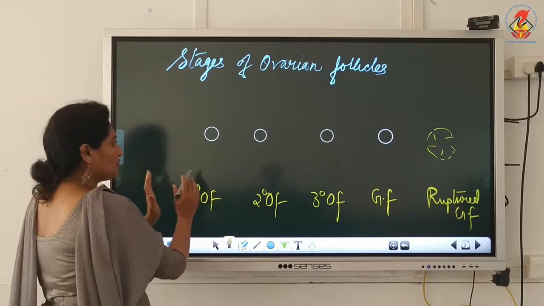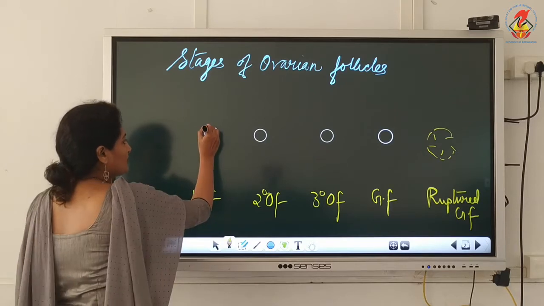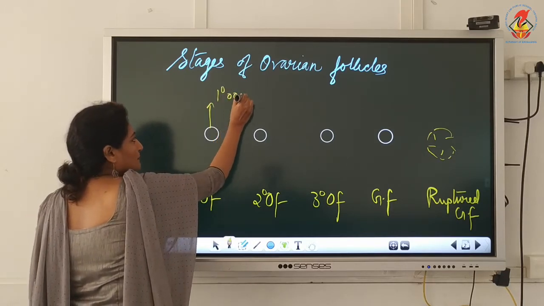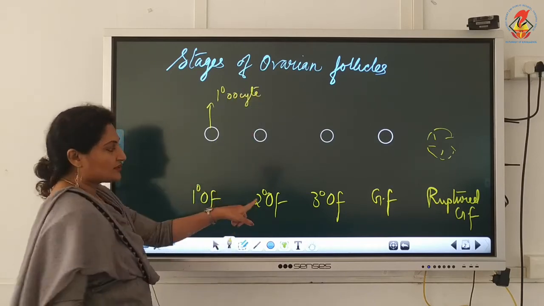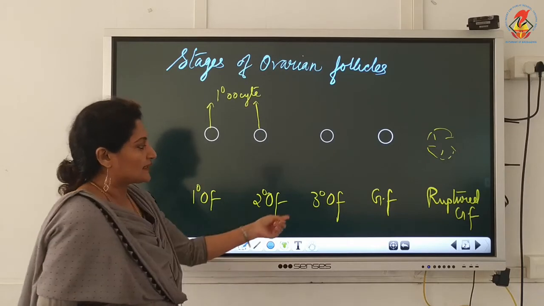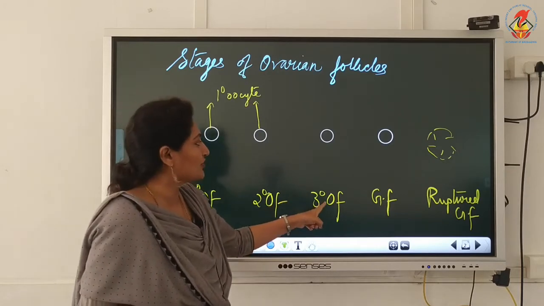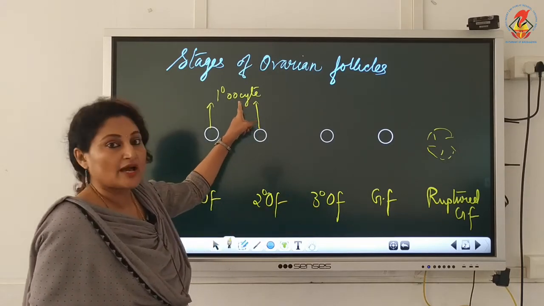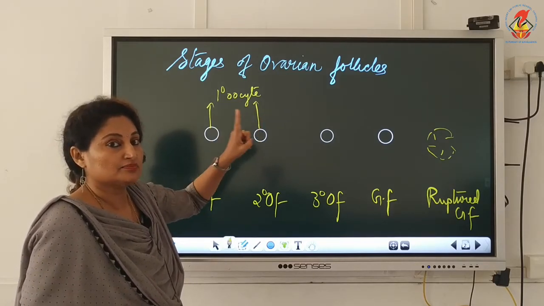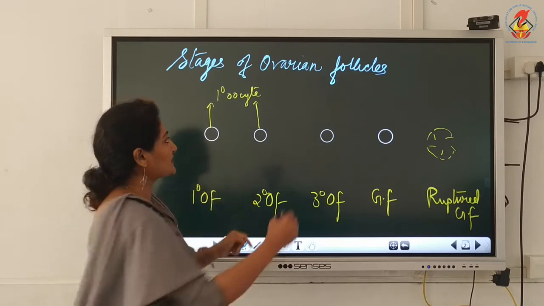Now in the primary ovarian follicle, this is the primary oocyte. In the secondary ovarian follicle also, this is the primary oocyte. But in the tertiary ovarian follicle, what must have happened to the primary oocyte? It underwent the first meiotic division to form the secondary oocyte.